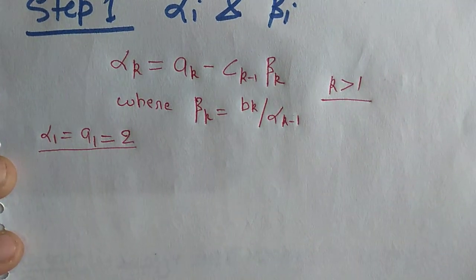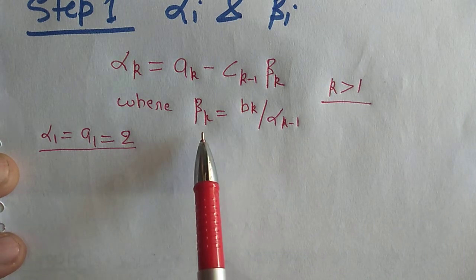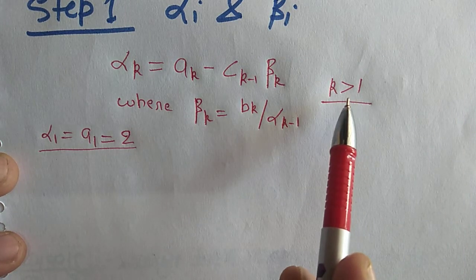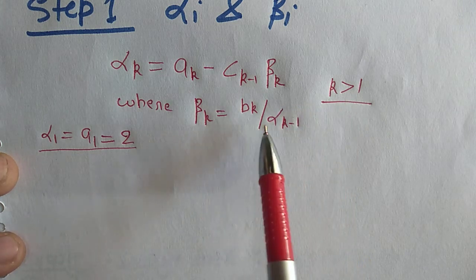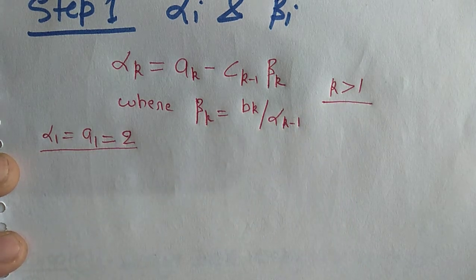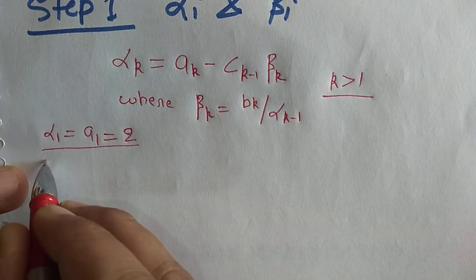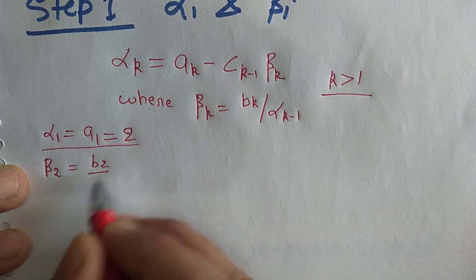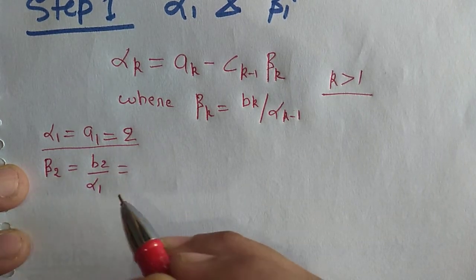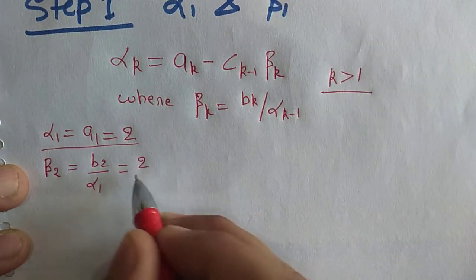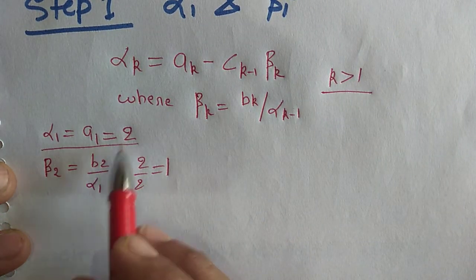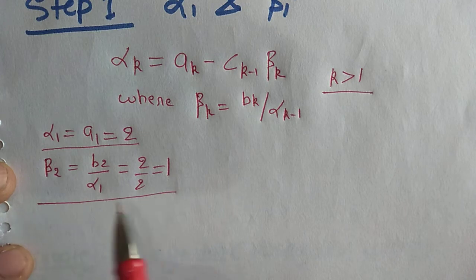Now beta 1 we cannot calculate, because it would need alpha 0, which is not valid. So we start with beta 2. Beta 2 equal to b2 by alpha 1. So b2 equal to 2 and alpha 1 equal to 2, so beta 2 equal to 1.